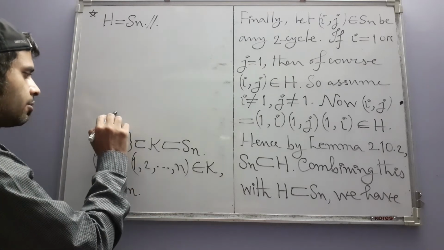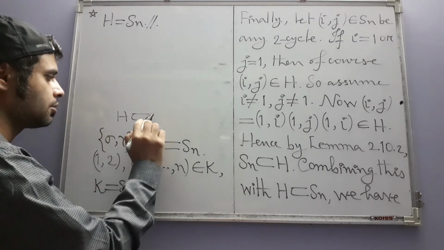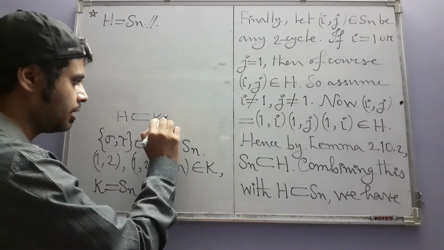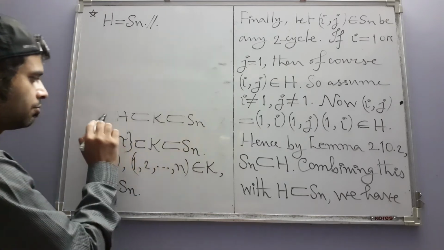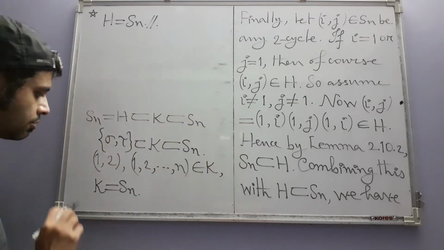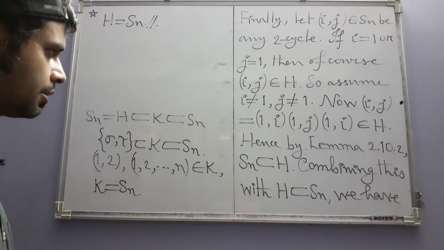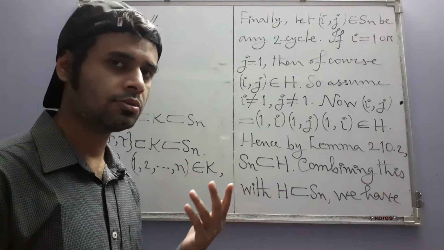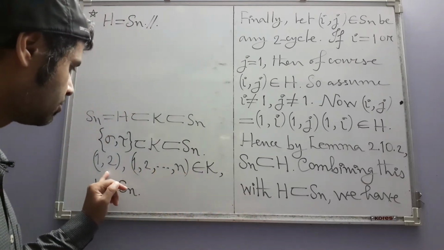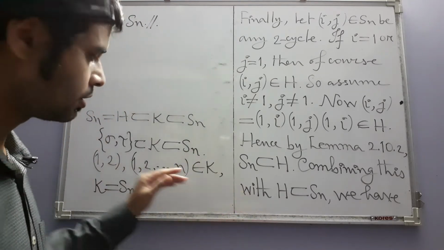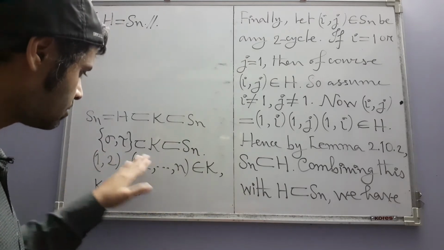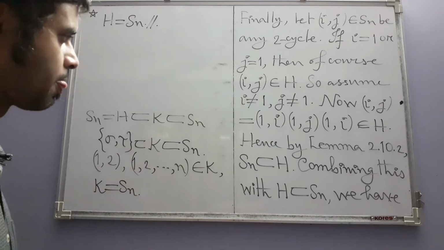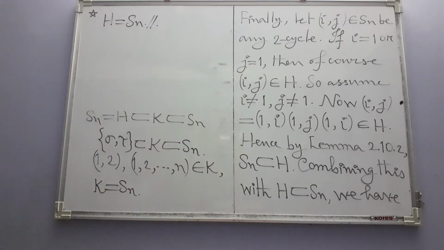So H is by definition contained in K, and K is contained in Sn, but we know that H is equal to Sn, so K is forced to be equal to Sn. So if you come across a subgroup in Sn about which you don't know many things, but the only thing you know is that somehow, either it's given or you end up proving, that these two things belong to K, then automatically you know that K is equal to Sn. Okay, let us now see the next one.